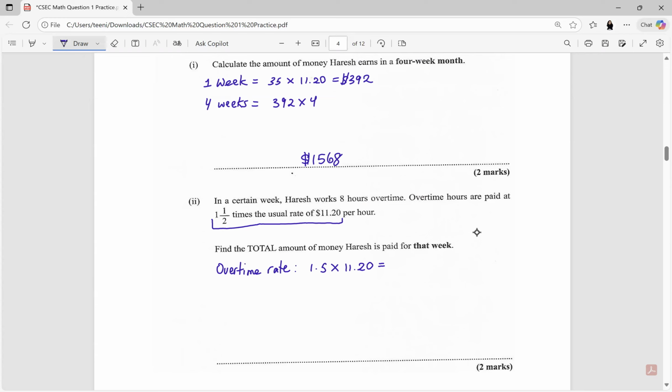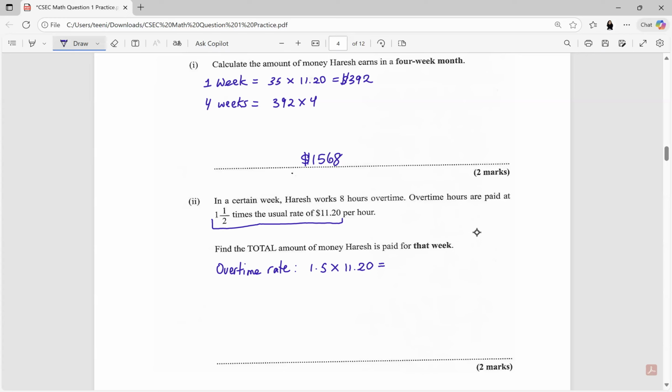You could have double time, which means you're paid twice what you typically earn. So if you normally earn $10 an hour and you work double time as your overtime rate, you multiply 10 by 2, which is 20. In this case, for Harish, if he was working double time, it'd be 2 times 11.20. You could also have triple time, which means you multiply it by 3, etc. Cool. The most popular ones are really time and a half and double time.